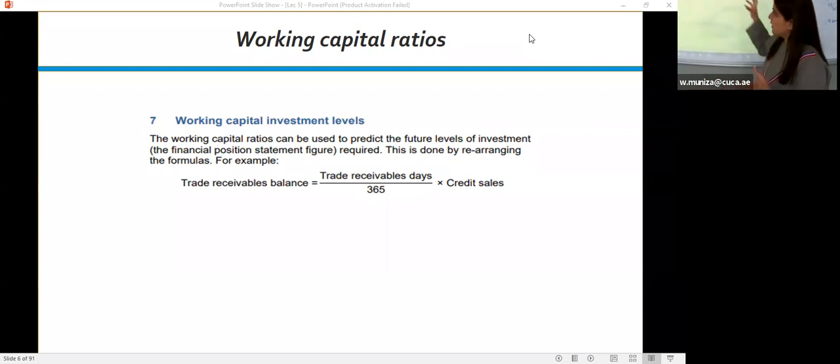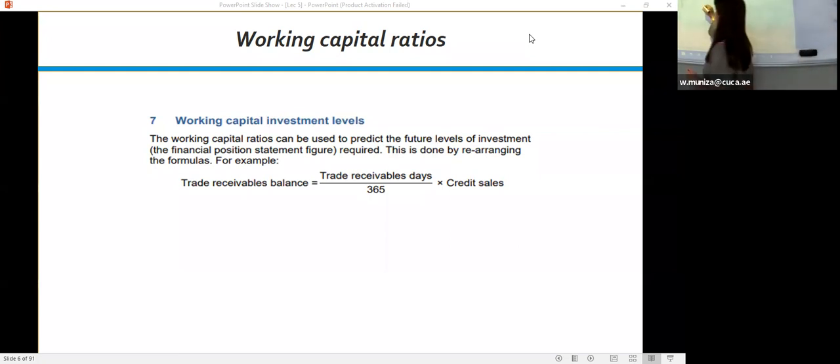So what we are going to do is rearrange the formulas for working capital and find the investments in working capital. Over here, we are rearranging the formula for trade receivables days. What is the formula for trade receivables days? It's trade receivables divided by credit sales multiplied by 365.